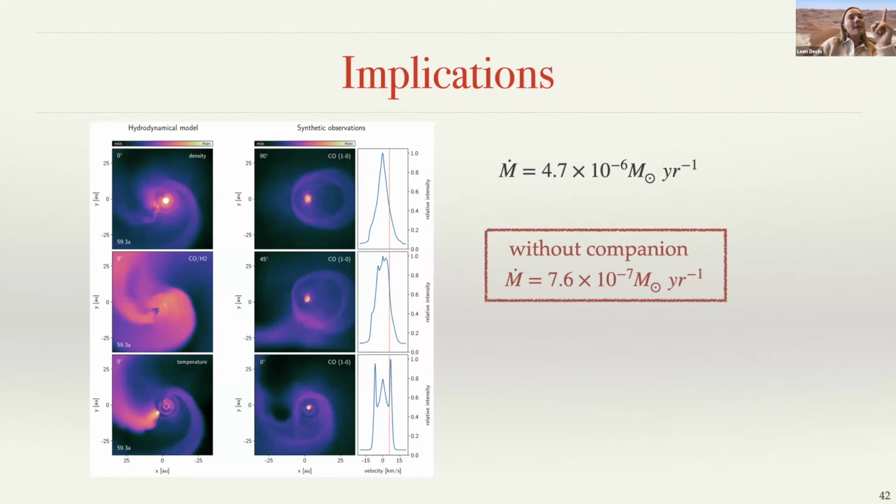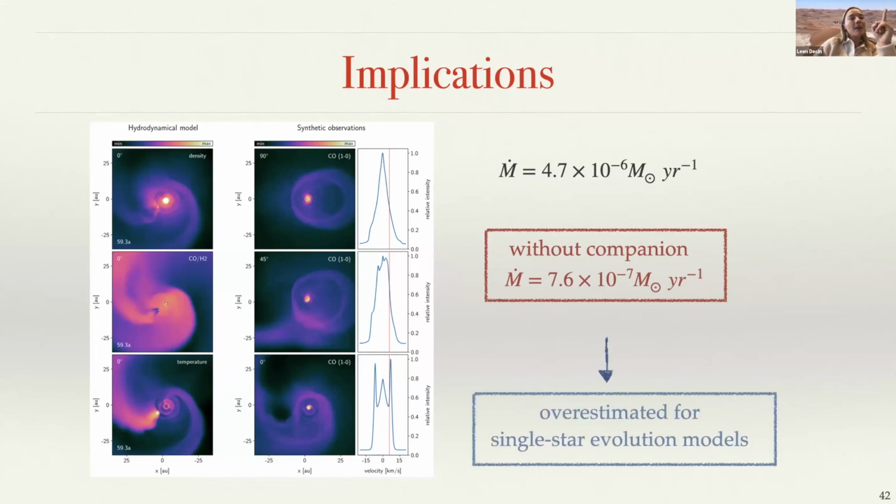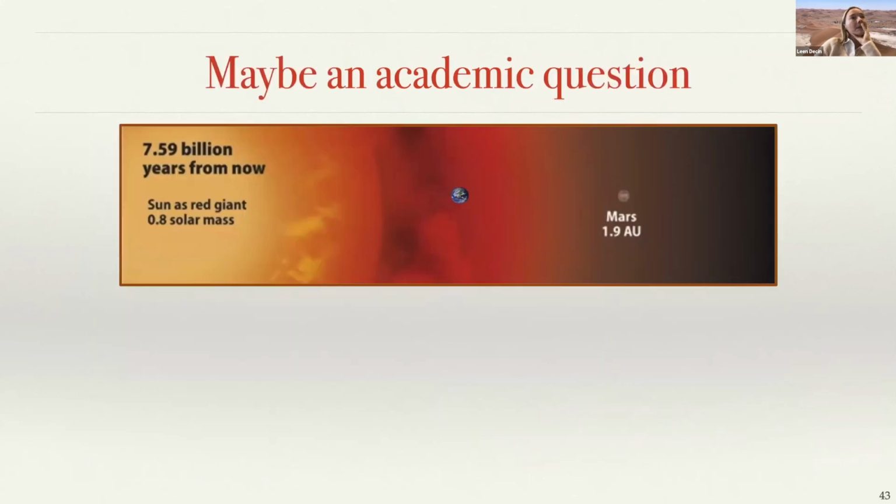So this implies that for single star evolution models, we might have overestimated the mass loss rate consistently if we have done the retrieval exercise. Given your observations, how wrong can we be by neglecting the impact of a companion? And this has a lot of effects in all kinds of simulations we have done. So this is the last slide, sorry for that.